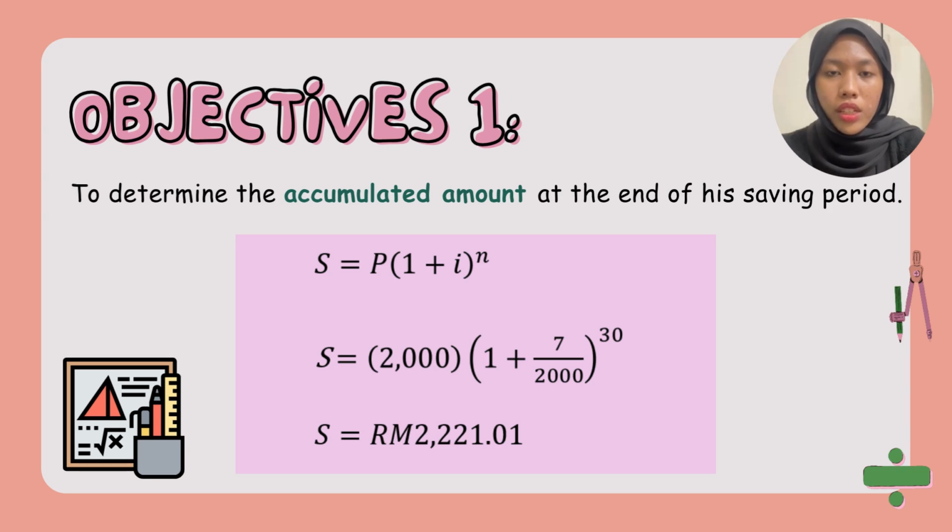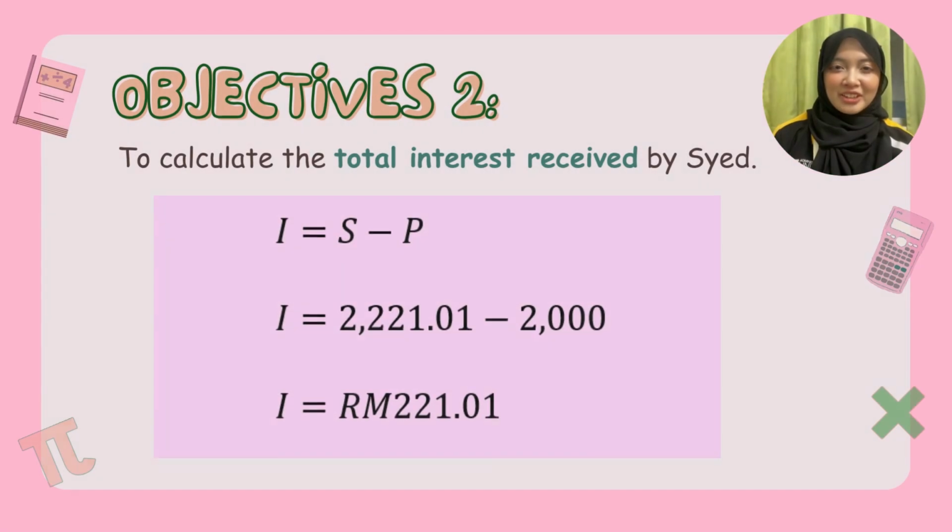After calculating this, we get S equals RM2221 and 1 cent. So the total amount saved at the end of the period is RM2221 and 1 cent.